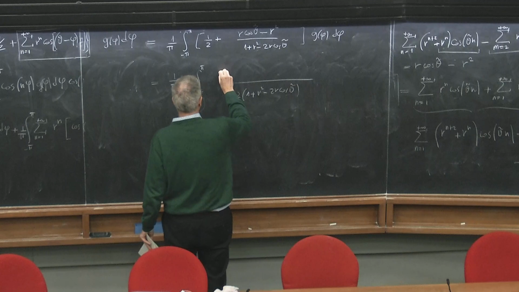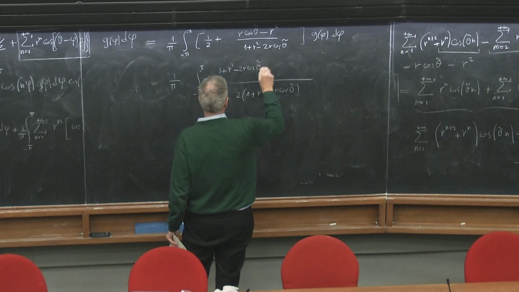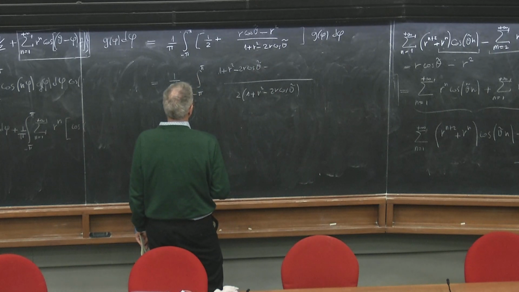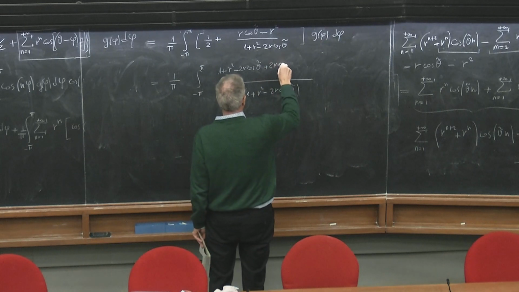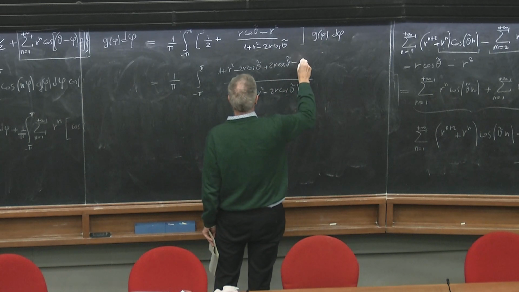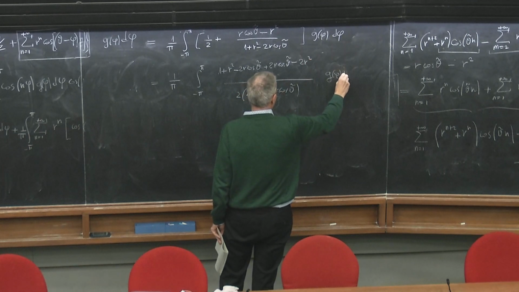And then we have 1 plus r squared minus 2r cos theta tilde plus 2r cos theta tilde minus 2r squared, g of phi d phi.